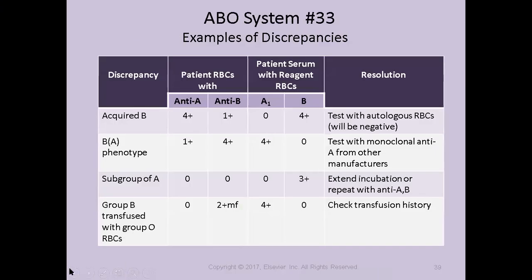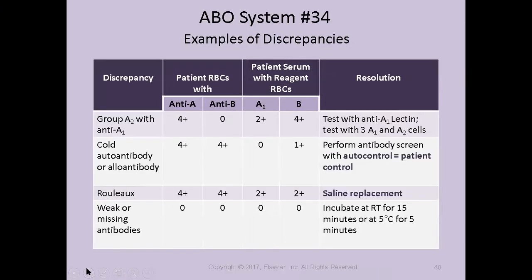So we looked at this slide already. So we're going to look at the next one. Okay, and this is going to outline some of the other discrepancies we just talked about with reverse typing. So our first one is a group A2 individual who has anti-A1. So what do we expect?